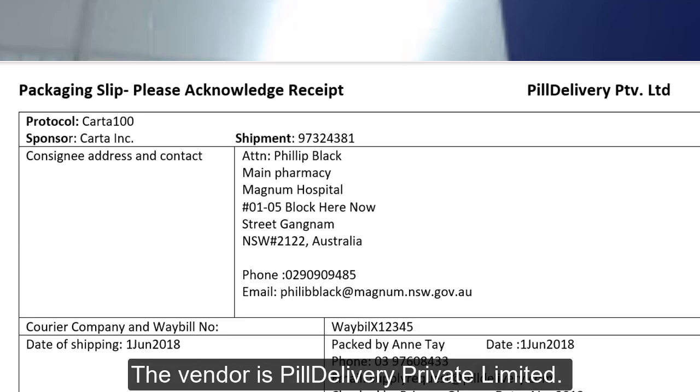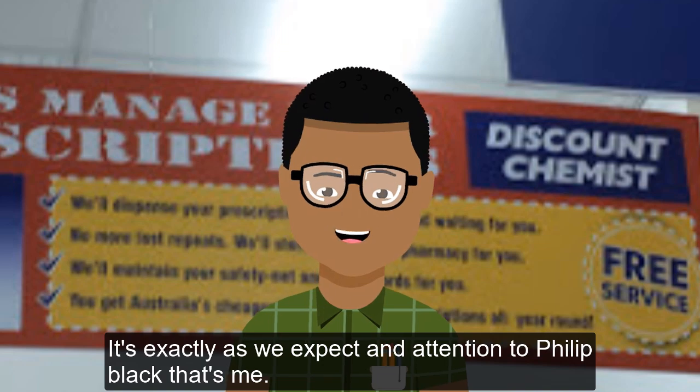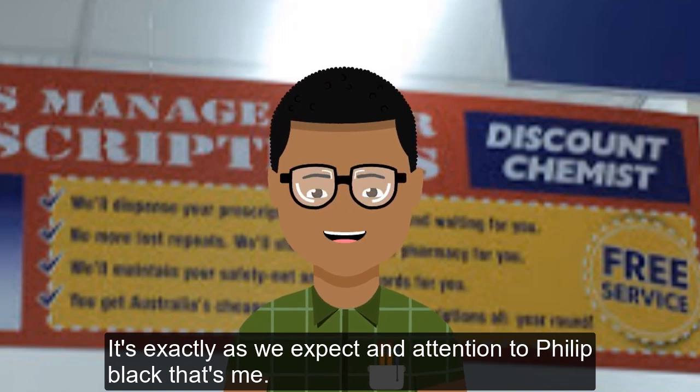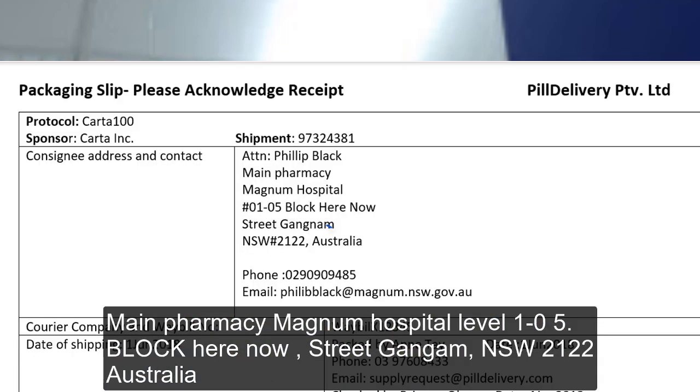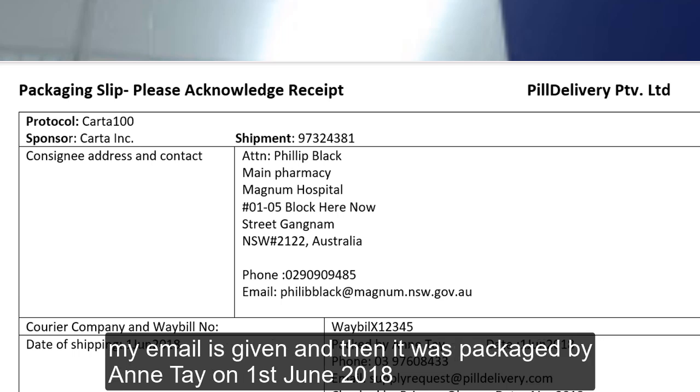The vendor is Pill Delivery Private Limited. The protocol is Carta 100, sponsor Carta Incorporated. It's exactly as we expect. And the attention is to Philip Black, that's me. Main pharmacy, Magnum Hospital, level 1, NSW 2122, Australia. My phone number is given, if you want to call me, you know where to find it. And my email is given.